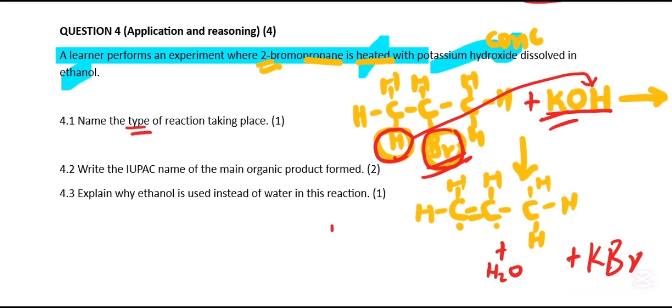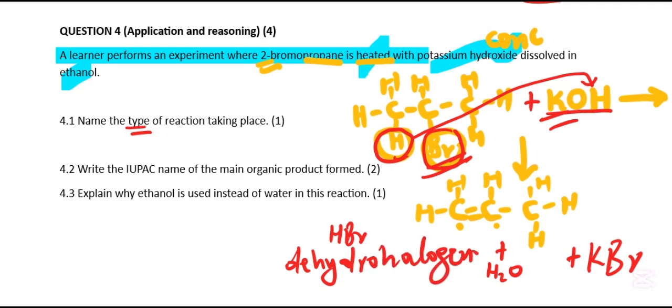What are we eliminating? Hydrogen and a halogen, which means this is dehydrohalogenation, the type of reaction, or we can say it's an elimination.